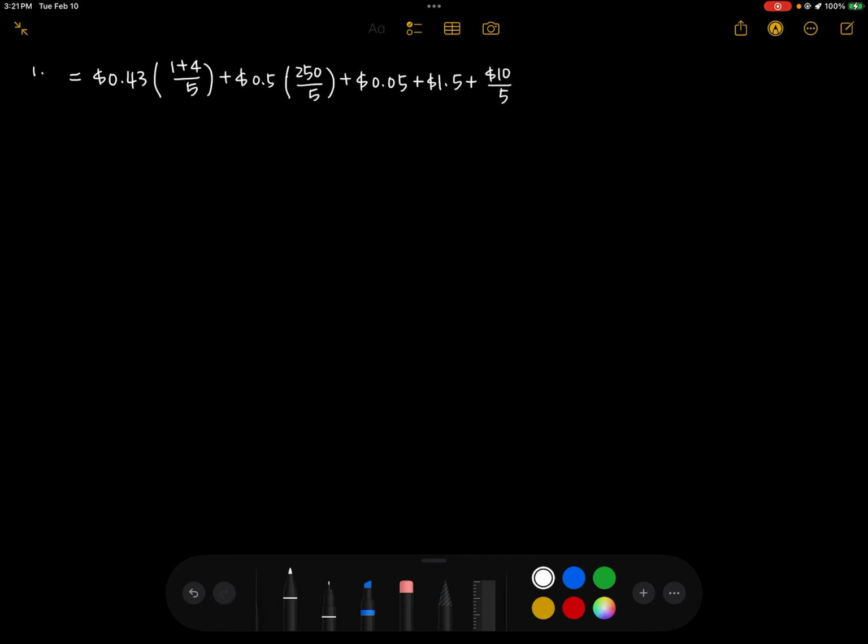According to the formula, there should be a bracket outside these three items. Okay, so we just add the bracket there.